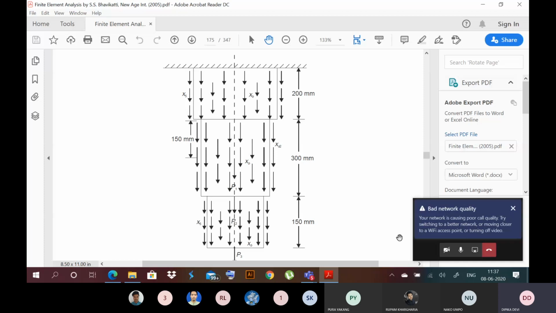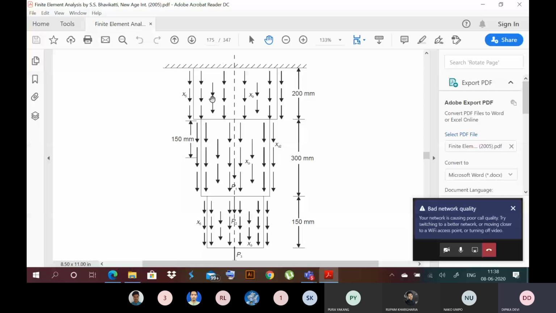Then you have to multiply this surface traction by the perimeter of the element to get the value in terms of per unit length. It depends on how you derive the consistent load vector. I don't know what unit is given here, so we'll see that later on.